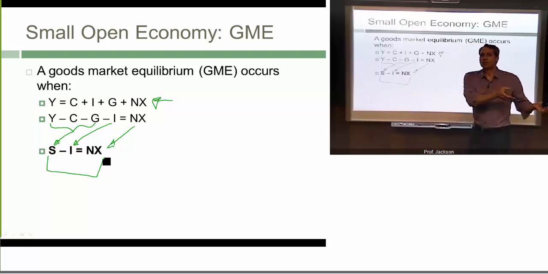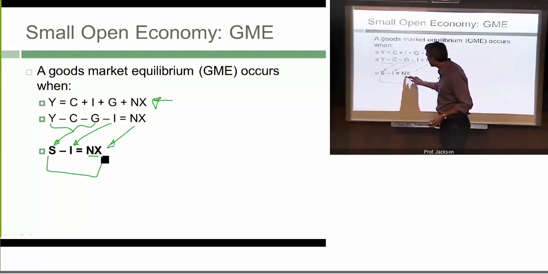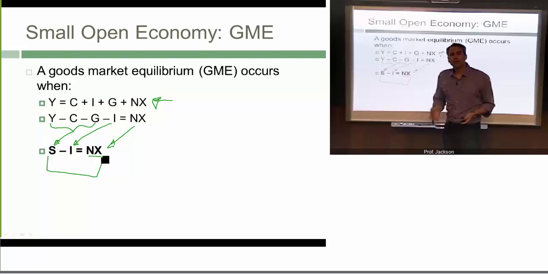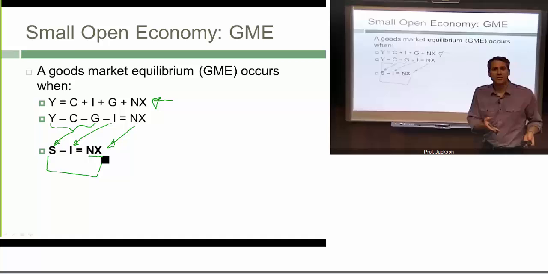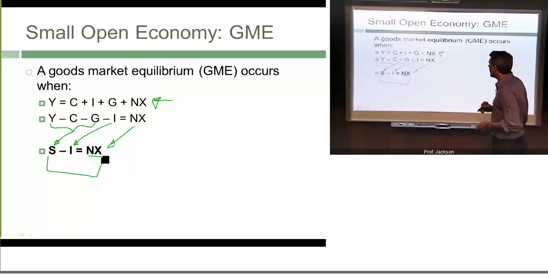Now, again, going back to the previous video, if you recall, in the closed economy case, we assumed that net exports was equal to 0, and so in that simpler case, our goods market equilibrium was such that saving was equal to investment. But now that we have trade flows, our goods market equilibrium is complicated a little bit by that distinction.